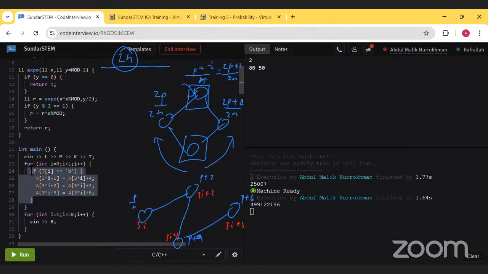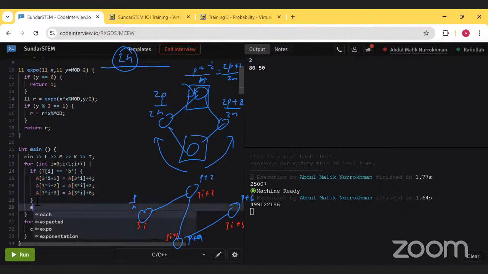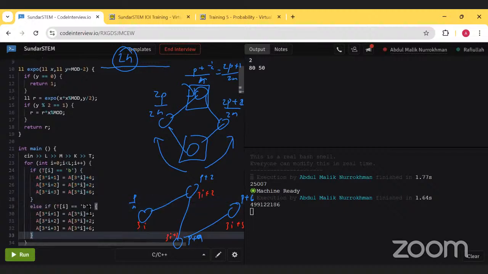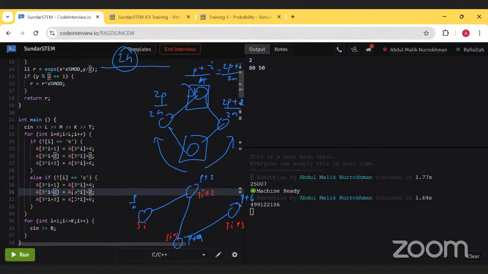And then how about if equal to O? Okay, maybe I will explain again after reading all these three cases. So I will make the formula first, and then I will explain to you.